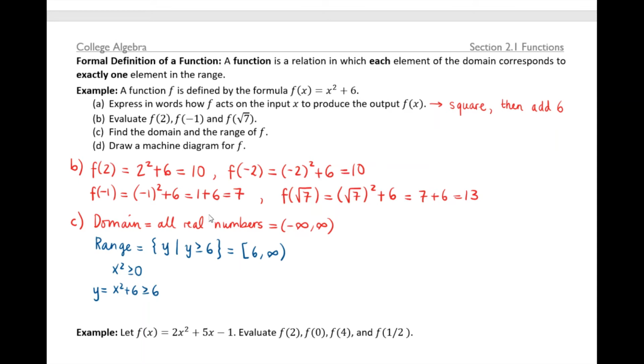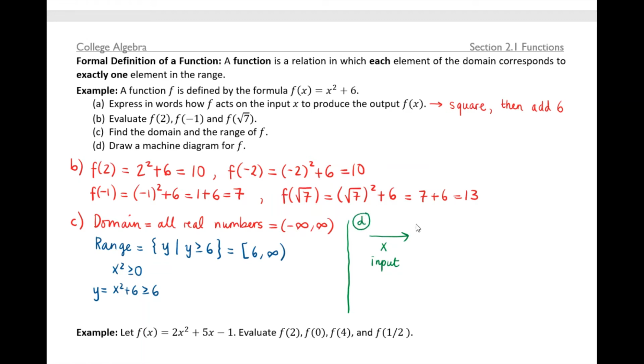And let's do part D here. It says to put a machine diagram. So you may put a box. Here you have the input. Your x is your input. This is part D, by the way.